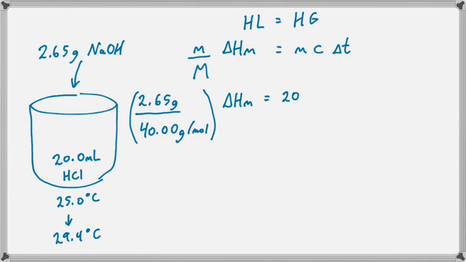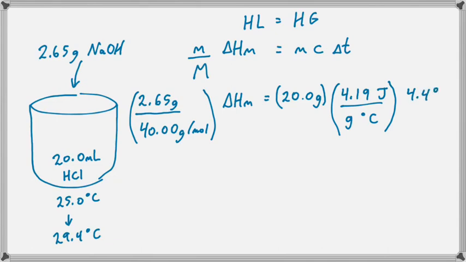So in this case, I'm going to leave that as 20.0 grams, which means my capacity this time needs to be 4.19 joules per gram degrees Celsius. So just remember, if you're going to change that, it either has to be joules and grams, or it has to be kilojoules and kilograms. You got to make sure you keep those straight. And the temperature change here is 4.4 degrees Celsius.